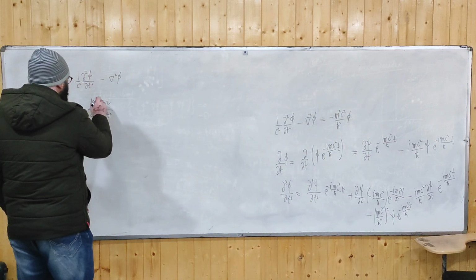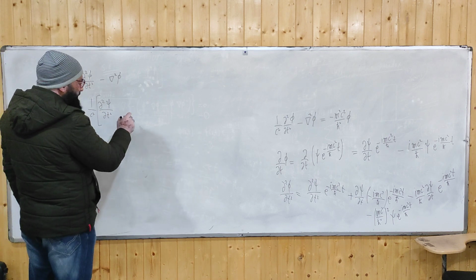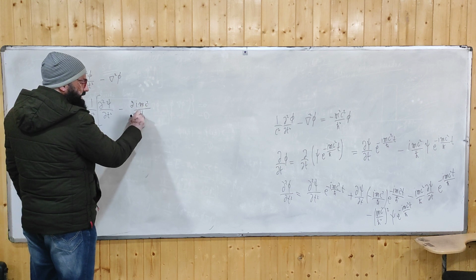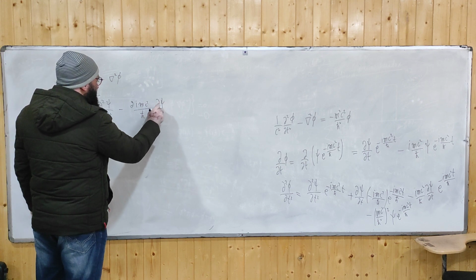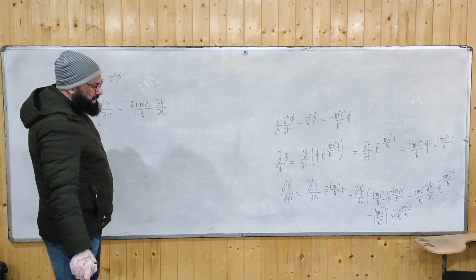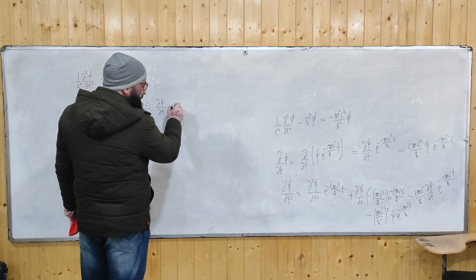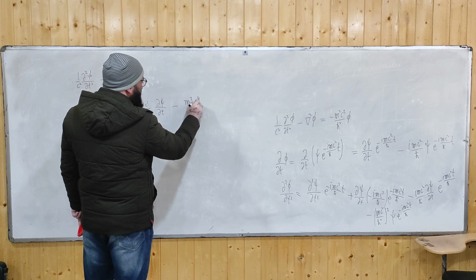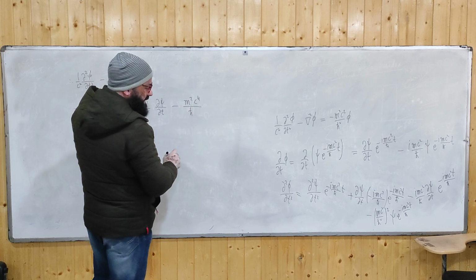So you are having minus twice i m c square by h cross, then partial psi by partial t. Then you are having one more term there, minus m square c raised power 4 divided by h cross square.